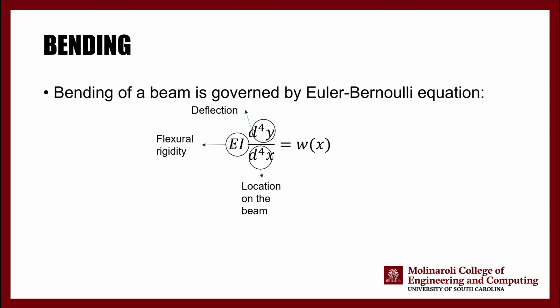And the flexural rigidity is the modulus of elasticity multiplied by the second moment of inertia. And all of these combined is going to be equal to the amount of load that you are applying to your beam. So higher flexural rigidity is going to result in lower deflection. That is the idea of a beam bending.